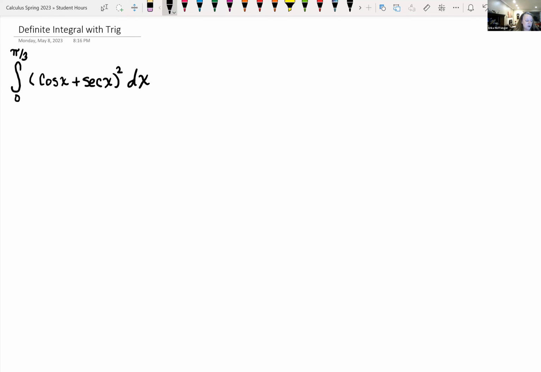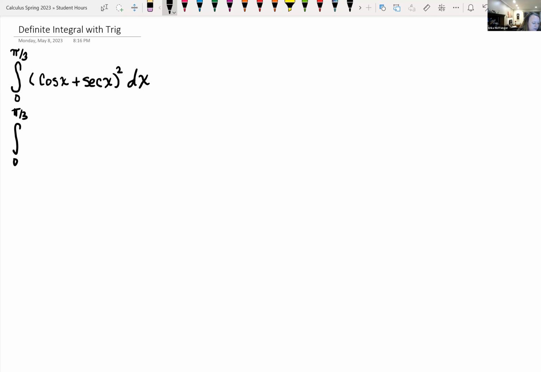Okay, so right now we need to look at how we're going to deal with taking the integral of this. How it's written, we don't know how to do that. I noticed that U substitution is probably not going to help me. And I noticed if I distributed this out, cosine x plus secant x times cosine x plus secant x, we would get the following.